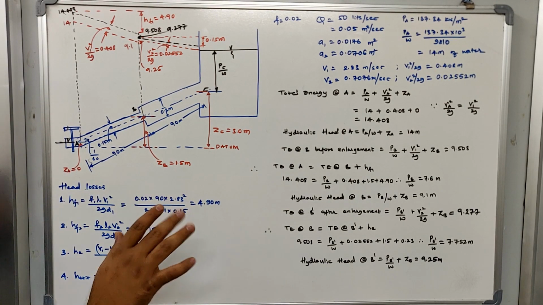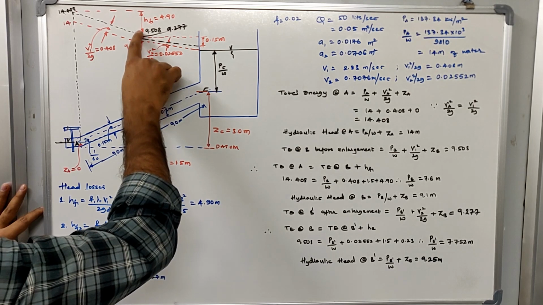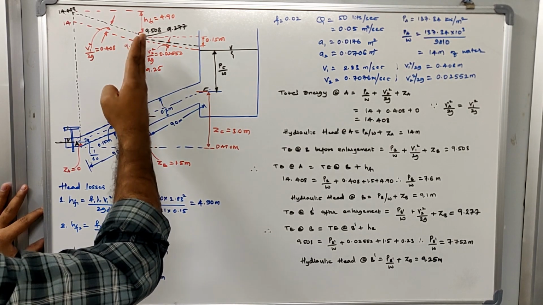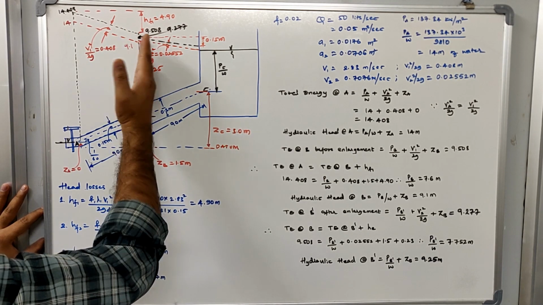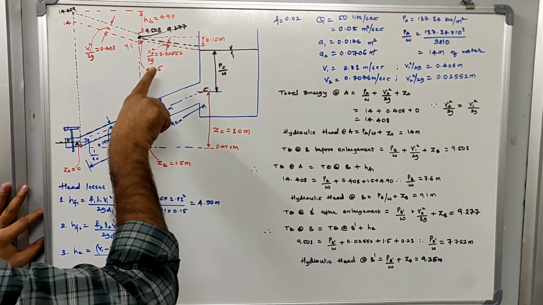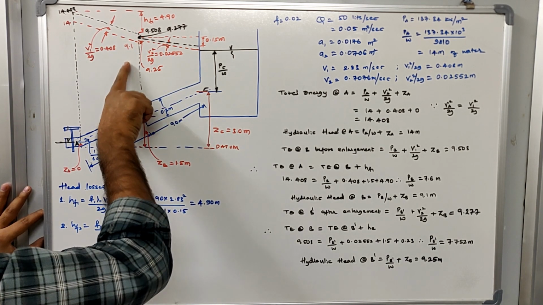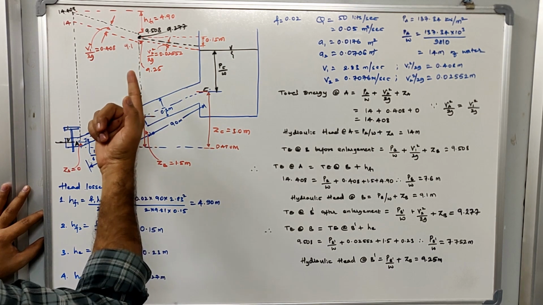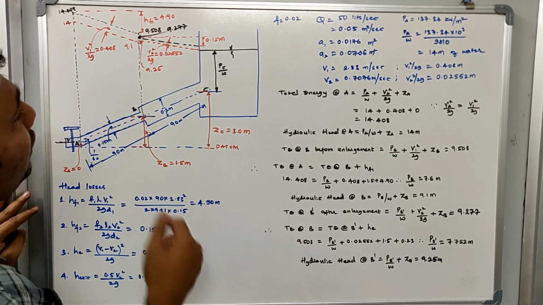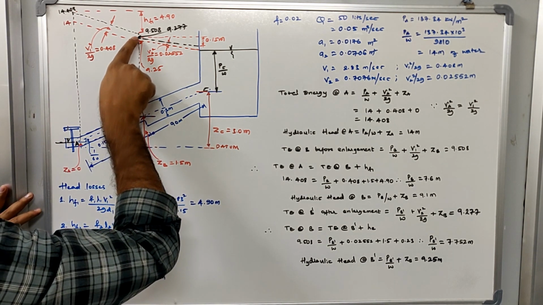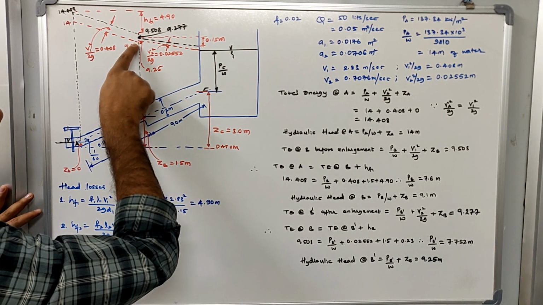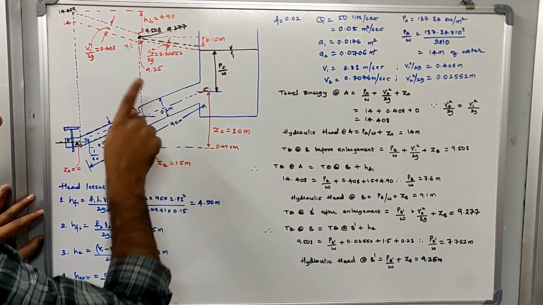So you can see the change that has happened here. You can compare the total energy before enlargement and the total energy after the enlargement, and you can also compare the hydraulic head before the enlargement and after the enlargement. Though there can be a reduction in the total energy, the hydraulic head is increased after enlargement.